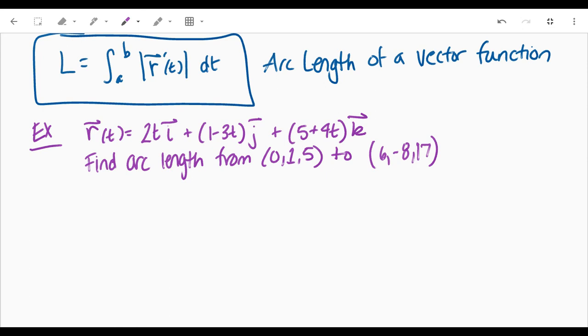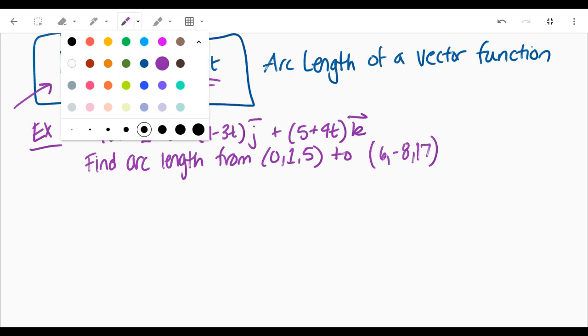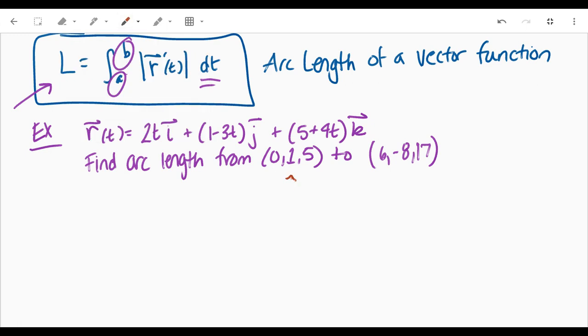Okay. And the first thing you need to figure out there is that we're integrating for values of t, right? This equation up here, that dt implies that a and b have to be t values. So first things first, we got to figure out what t would be.